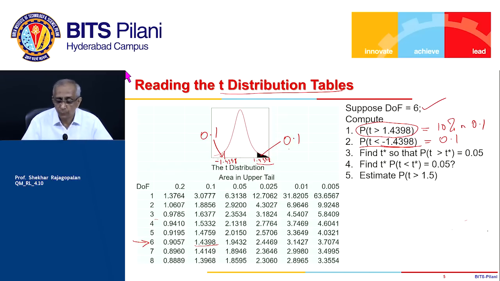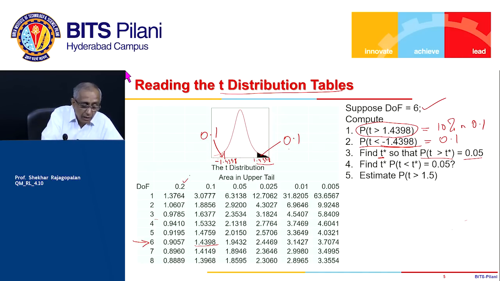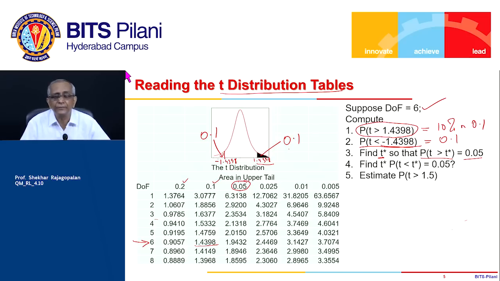Let's take the third problem. Here it's a little different. I want to find t star for which probability of t greater than t star is equal to 5%. Meaning that I want to find the t value for which the right tail is 5%. That's straightforward now. I go to the top row of this table. This is 0.2, 0.1, and here it is 0.05.